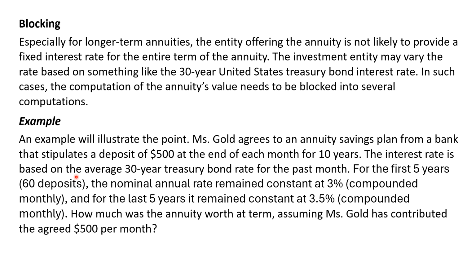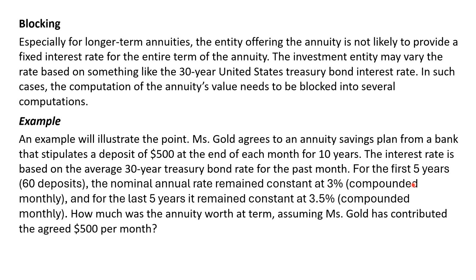So I have an example here. Ms. Gold agrees to an annuity savings plan from a bank that stipulates a deposit of $500 at the end of each month for 10 years. The interest rate is based on the 30-year Treasury bond rate for the past month, whatever country she's in, for example.